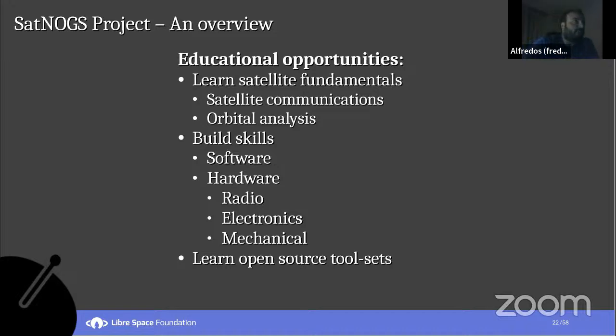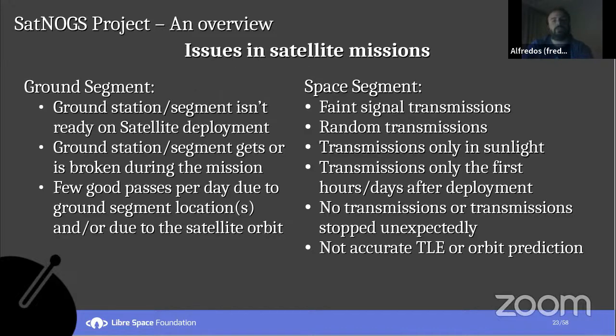And I'm talking about the educational opportunities because we are in an era where universities and other organizations are doing their first steps in space, and these steps are not always easy. We have seen in the past several issues with satellite missions.